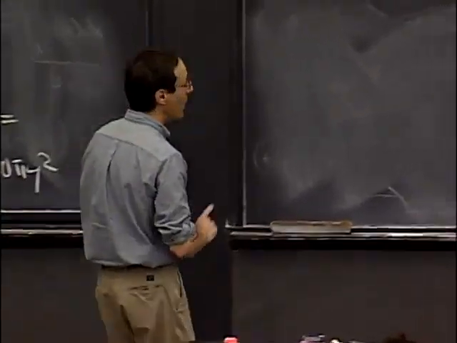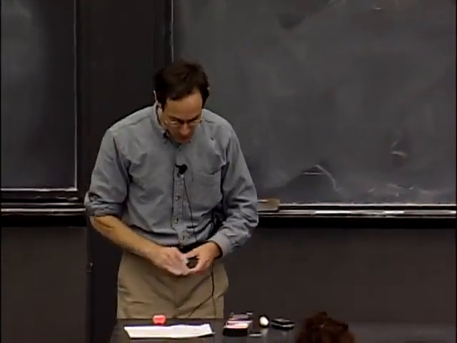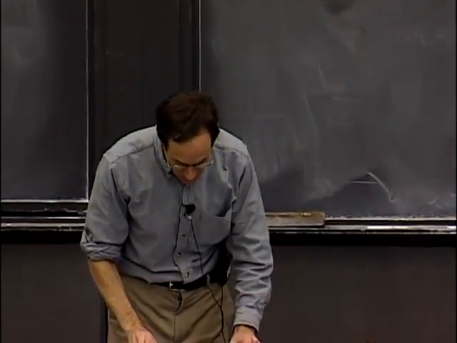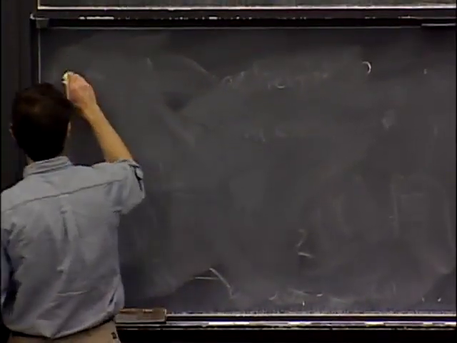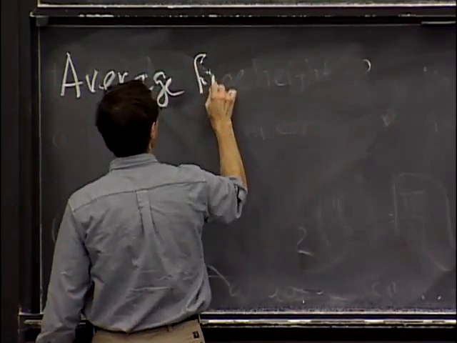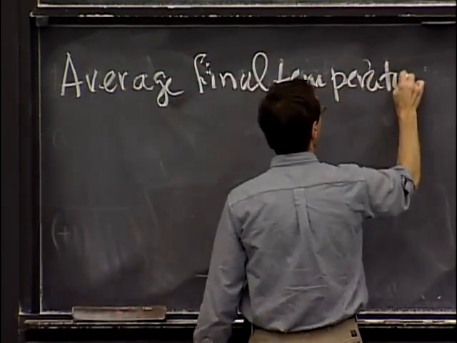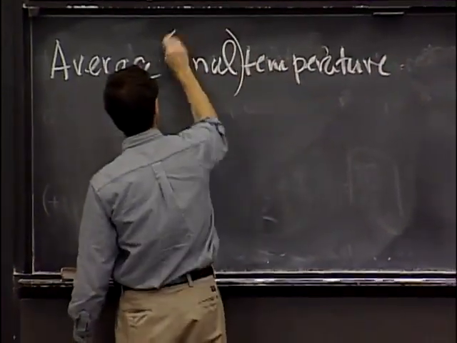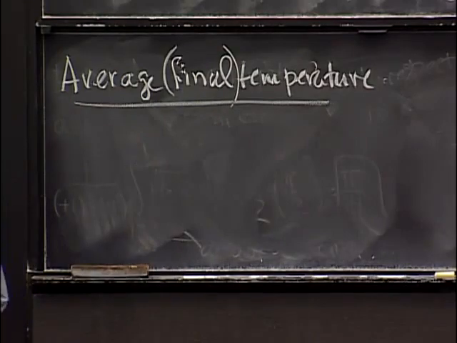All right. Now, I want to connect this with weighted averages before we go on, because that was the reason why I did weighted averages first. I'm going to compute also the average final temperature. So final, because this is the interesting one. The average starting temperature is very boring. It's 0.